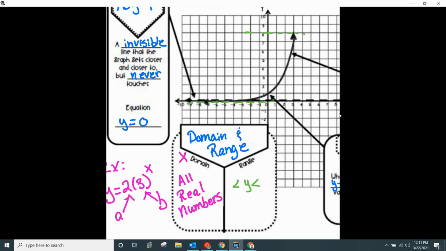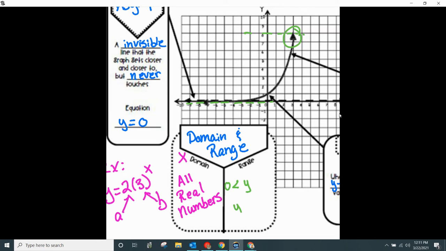And we would say, okay, what's my smallest value? Well, we know it goes down to 0, but it doesn't touch it, so I can't put a line under that symbol. It never equals 0 there. And I can't box it in over here on this side because I have an arrow up here. So because I can't box it in, we just leave this side blank. It's a one-sided. So it starts at 0 and it goes up from there. You could also turn it around the other way and you could write it like this. Okay, same thing.